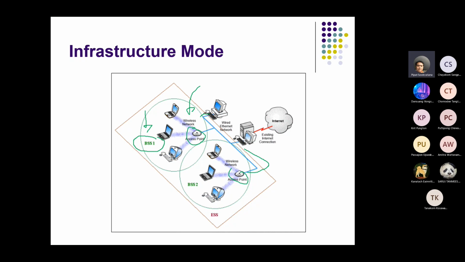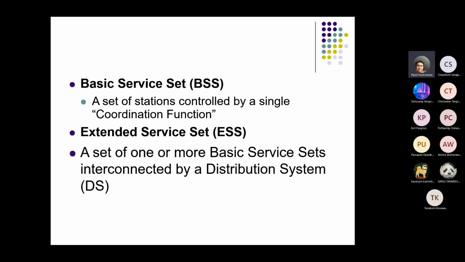What is your access point ID? This is the SSID, KMIDL, and so on. So within one access point, we call it one Basic Service Set or SSID, whether one or two. But for the whole system that connects to the organization, we call it the Extended Service Set.